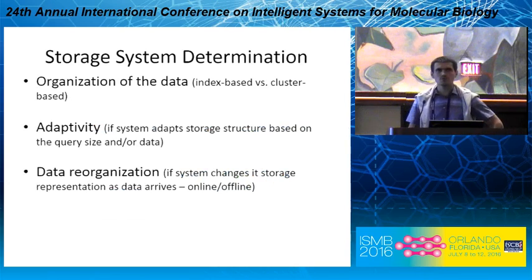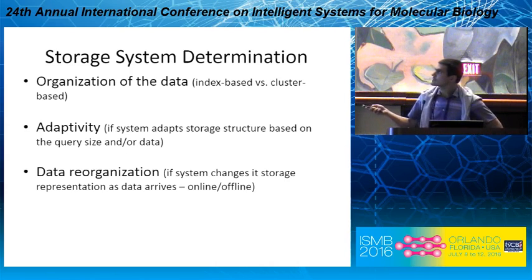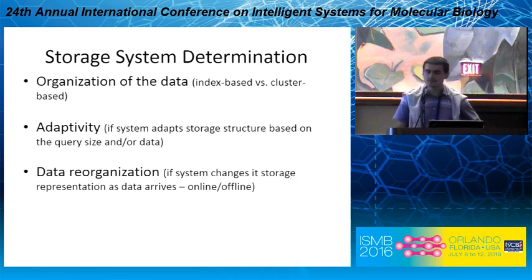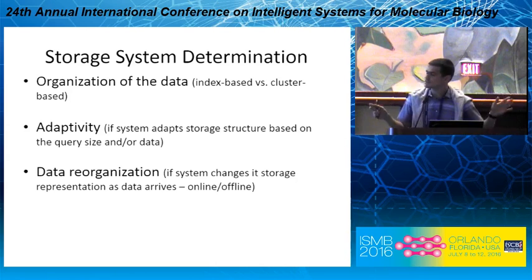If you look for ideas on how to deal with spatial data, you will probably find something like this. So, organization of the data: is it index-based, or structure- or cluster-based?